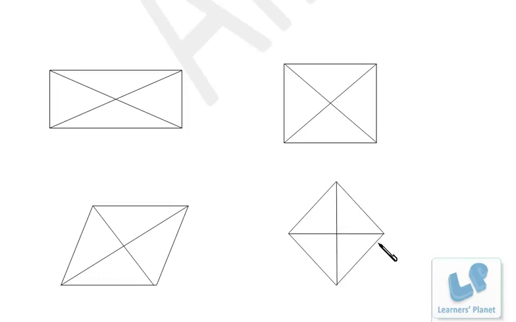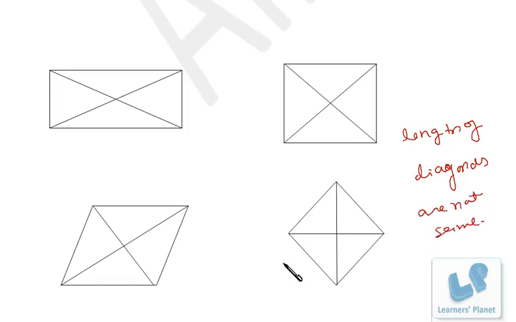The length of the diagonals is not the same in case of a rhombus. That means this length is not equal to this length. If we have to find the difference between a square and a rhombus, we can find the length of both the diagonals. If it is the same, then it is a square. If it is different, then it is a rhombus.